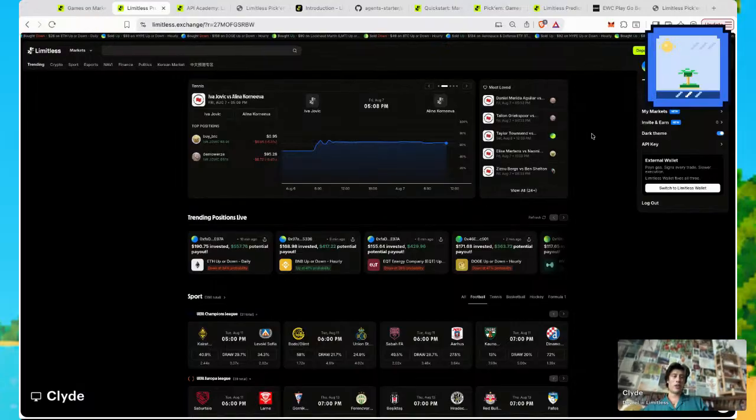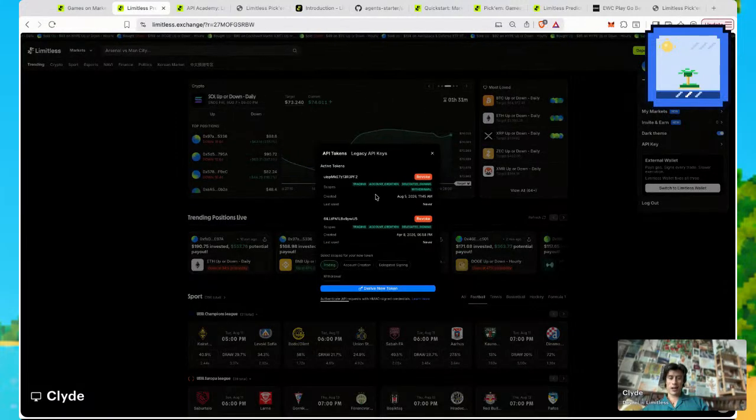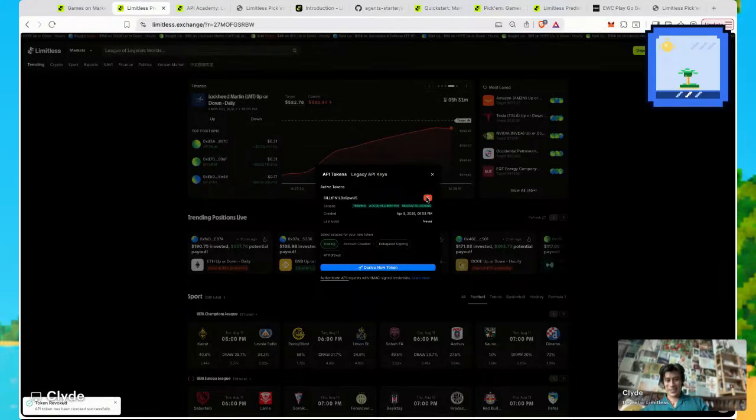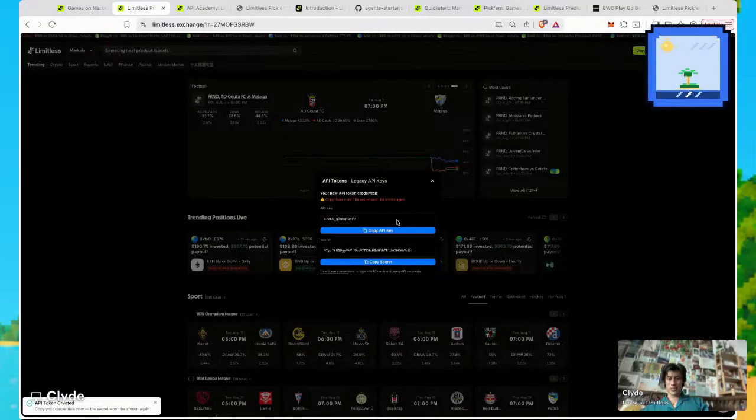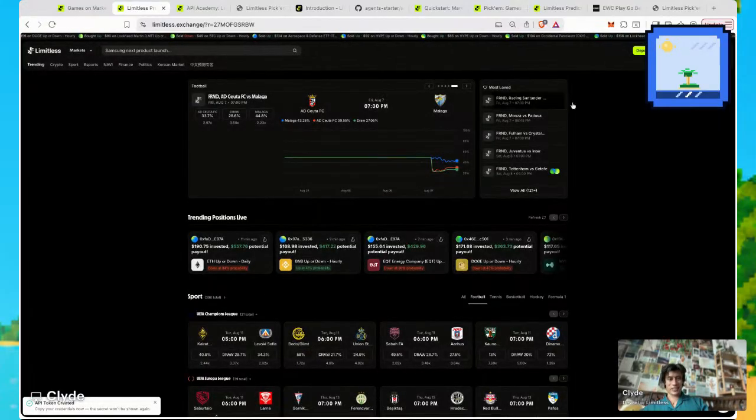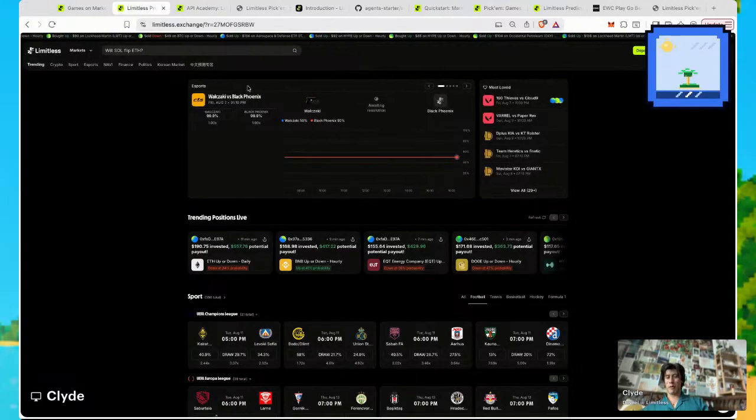When you log in and load your wallet with a bit of Base, the API key is right here. I'm obviously going to have to revoke all these now and make new ones because it's out there. But you can go in right here and derive a new token, and it'll give you all the info you need to get started, where you can generate everything right there very easily to use Limitless programmatically.